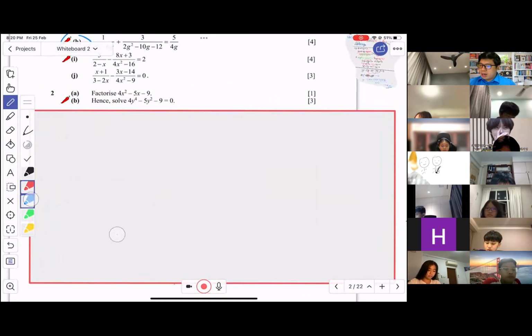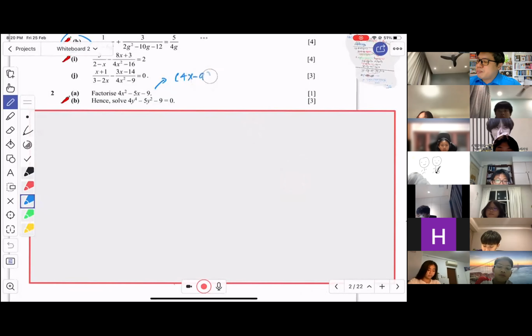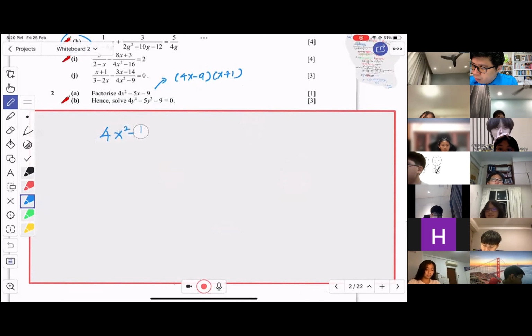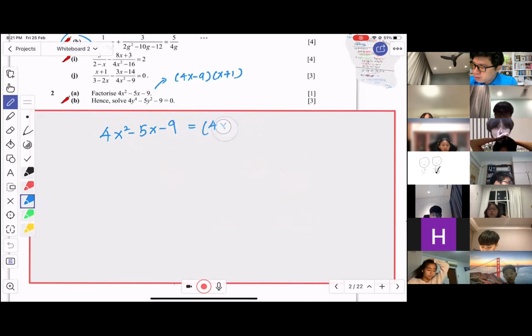Okay, 2A, I believe nobody asked for it, so I assume 2A is okay. So 2A is (4x minus 9)(x plus 1). From 2A to 2B is very simple. In 2A, when you factorize 4x squared minus 5x minus 9, this gives me (4x minus 9)(x plus 1).